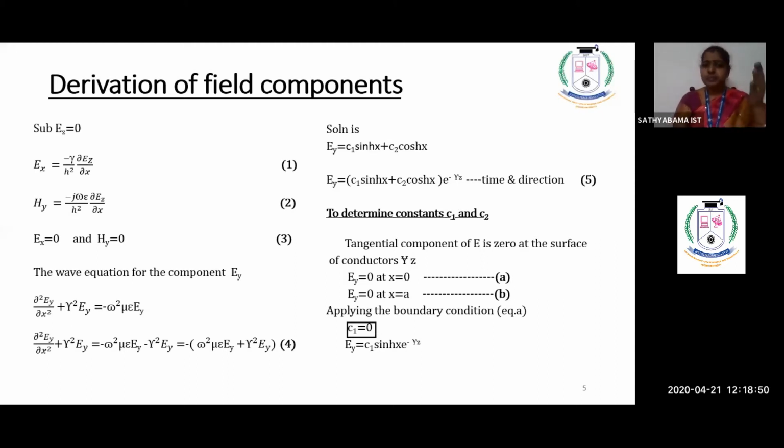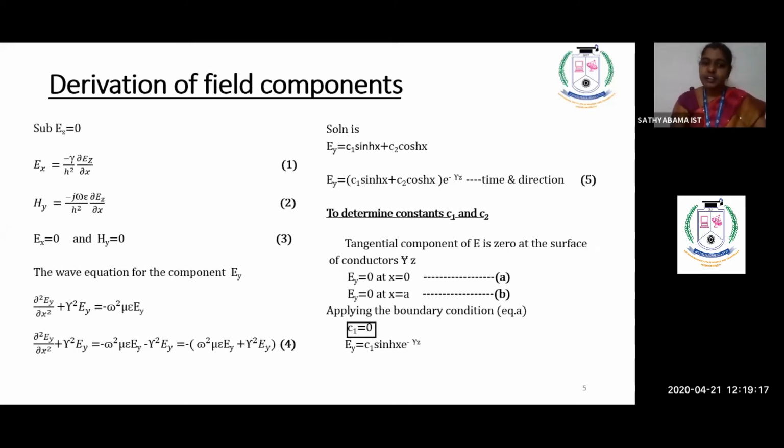Now if you see that equation, it looks like a second order differential equation with a varying parameter Ey. Are you able to see equation number 4? The only varying parameter there is Ey, the electric component along the y direction.